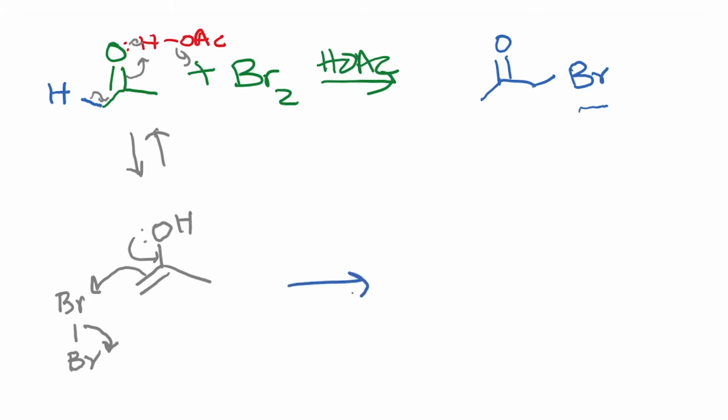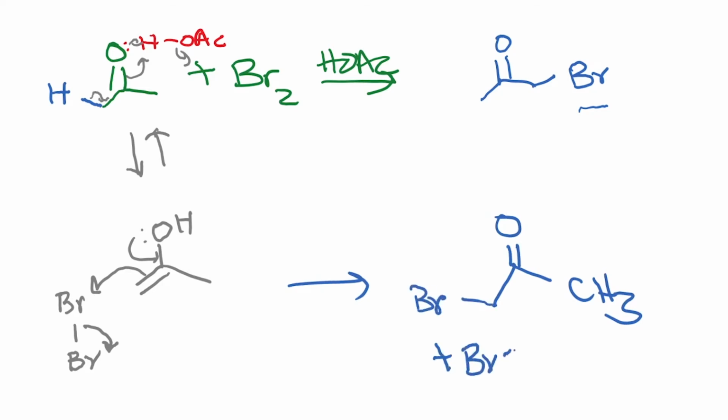This is going to give you C double bond O, CH3 remains intact, and then you have a new bond between this carbon and this bromine, and that is shown here. Br minus would be the byproduct, and keep in mind that this is still protonated. So if it loses a proton, it's going to give you this product.